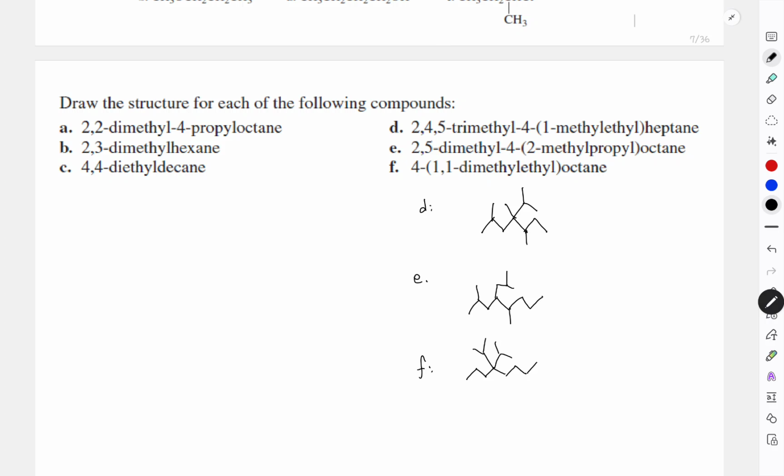What the ethyl group? It's going to be 1, 2. But you have dimethyl group at number 1 carbon, so you have methyl, methyl. This should be the answer for the skeletal structure.